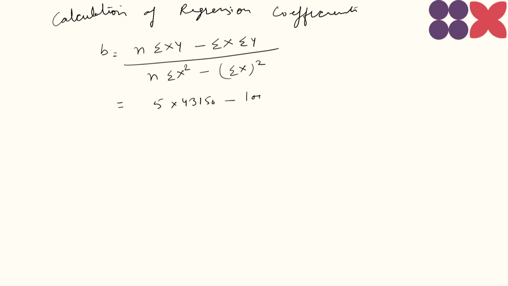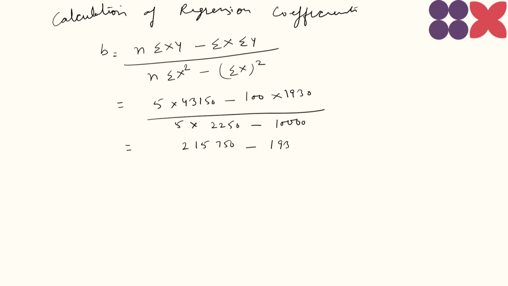Then summation of X was 100 and summation of Y was 1930, divided by 5 into summation of X square, which was 2250, minus summation of X whole square, which would be 100 square, that is 10,000. So we got the figure of 2,15,750 minus 1,93,000 to be divided by 1250, which comes to 18.2.